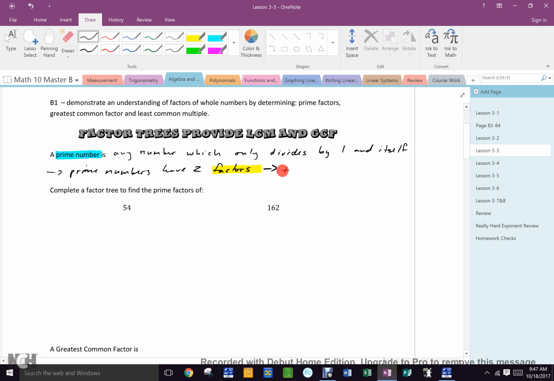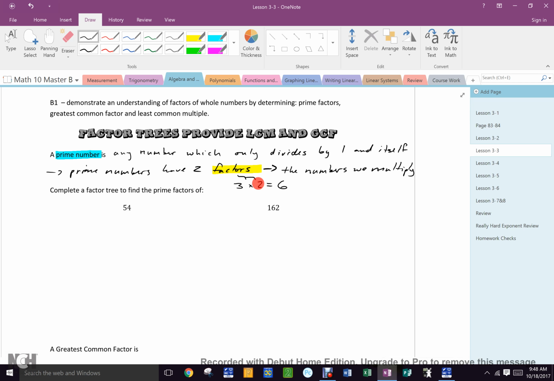Factors are the numbers we multiply. So, 3 times 2 equals 6. These are the factors. Everybody cool?